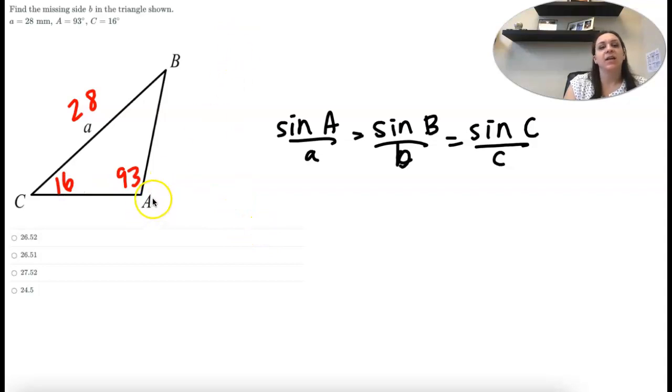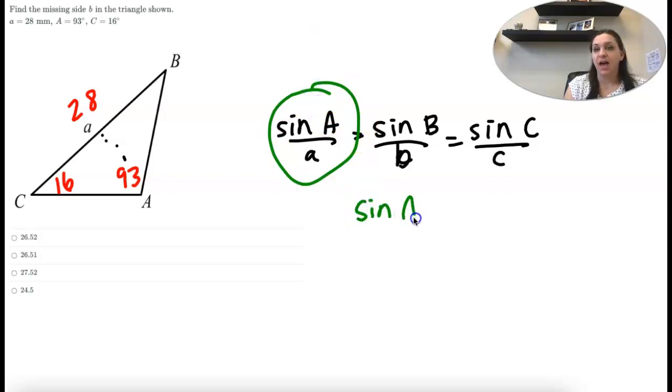So I can see I have angle A with side A. That means I'm going to use this one. I have both of those numbers, I'm going to use them. And we are trying to find the missing side, B. So across from angle B is side B. So I'm hoping I can use this one because it has what I need.